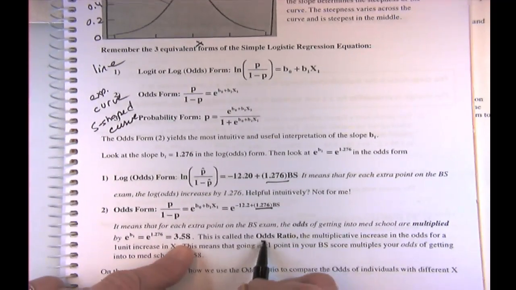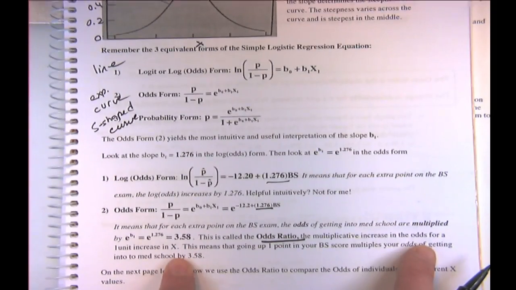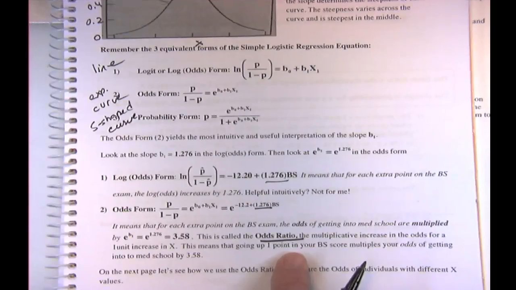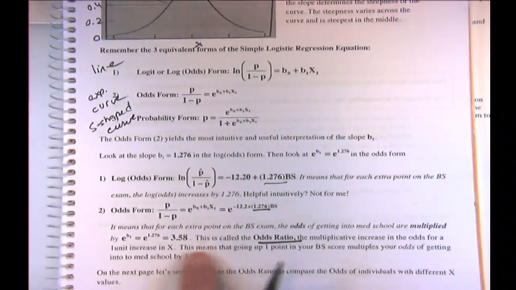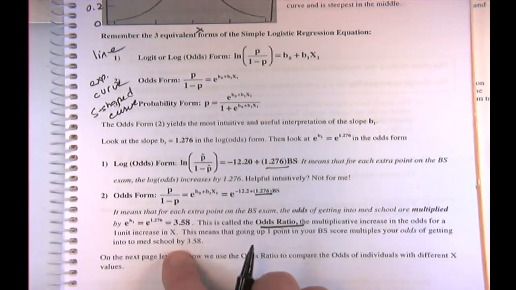So that's called the odds ratio. It's the multiplicative increase in the odds for a 1 unit increase in X. This means going up 1 point in your biological science score multiplies your odds of getting into med school by about 3.5.